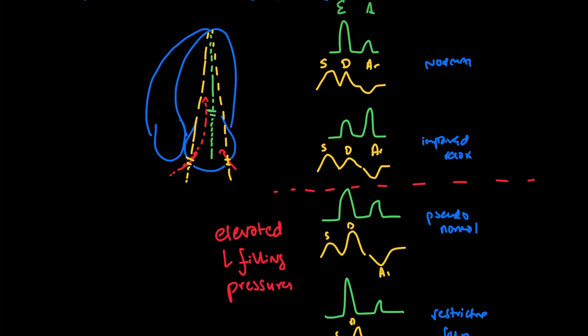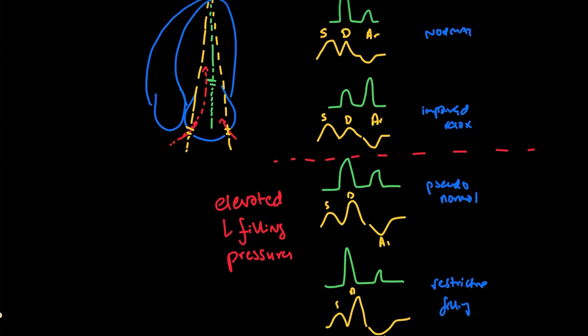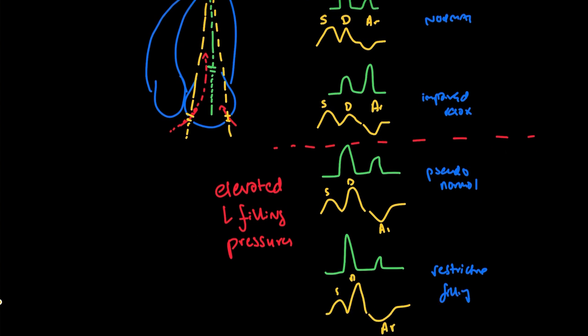And what you'll notice is that when the D wave of the pulmonic veins is bigger than the S wave, either bigger in height, or you can look at the area under the curve, at least a 60-40 split, with 60% under the D wave and 40% or less under the S wave, when you see a pattern like this, that tells you, as long as this is an abnormal heart with reduced ejection fraction, that you have elevated left filling pressures.